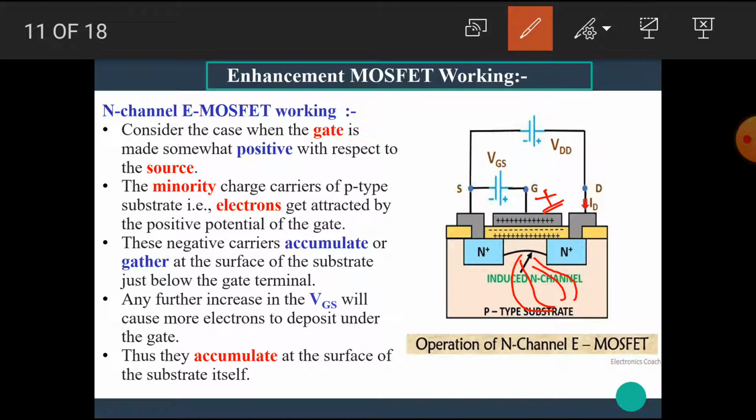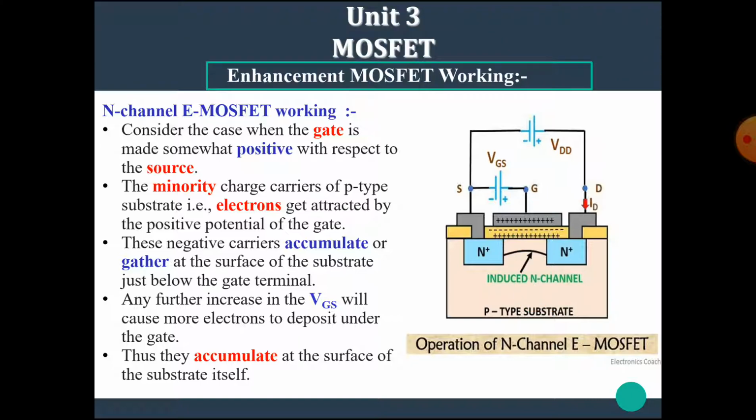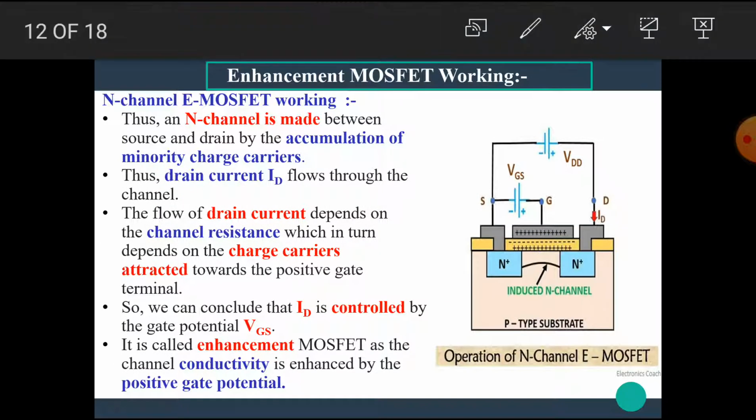And what happens here is all the electrons are gathered and they form a virtual channel. Thus, an n channel is made between the source and drain by the accumulation of the minority charge carriers. This is the induced n channel due to the accumulation of the minority charge carriers in the p-type substrate.